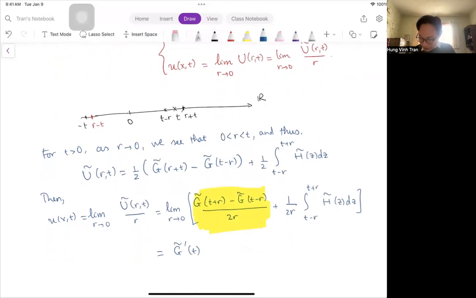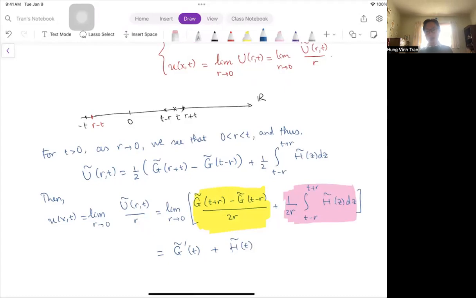And for the second term, the length of the integral from t minus r to t plus r is 2r, and I divide by 2r. I take r goes to 0, so that's exactly the average of the integral as r goes to 0. And h tilde is a continuous function, so the average goes to exactly the value of h tilde at t.